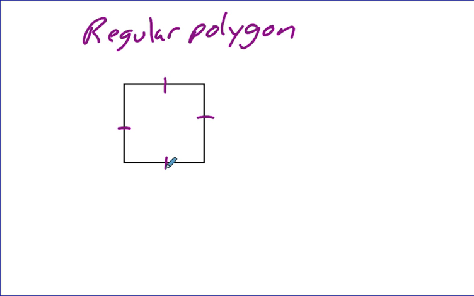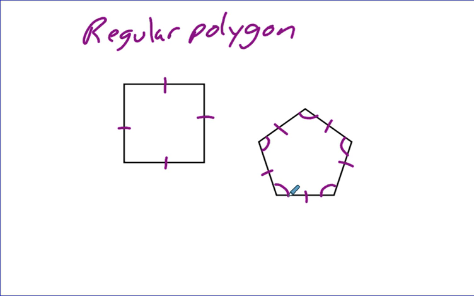So a square is a regular polygon. Then if we look at a regular pentagon, it has 5 sides, all congruent. Well, if all the sides are congruent, that also means that all of the angles are congruent.